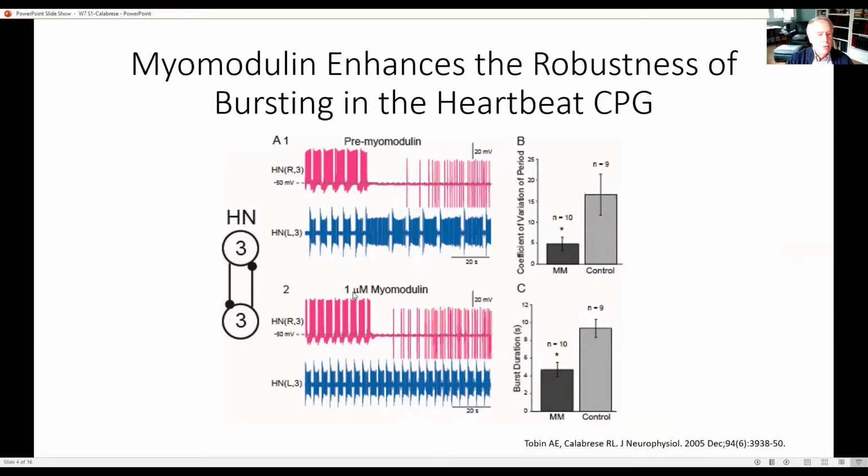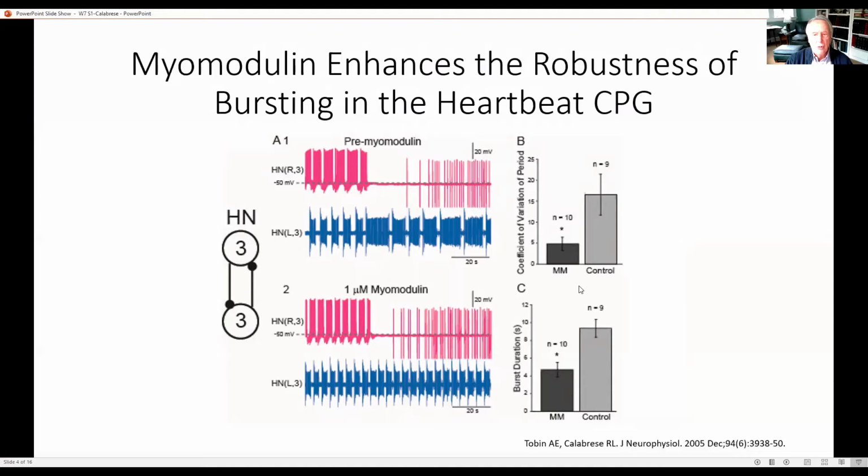Now, if you do this same experiment in the presence of 1 micromolar myomodulin, then when you break the half-center with this voltage clamp protocol, the opposite cell does not perturb its rhythm at all. In other words, we've enhanced the inherent burstiness of that neuron.